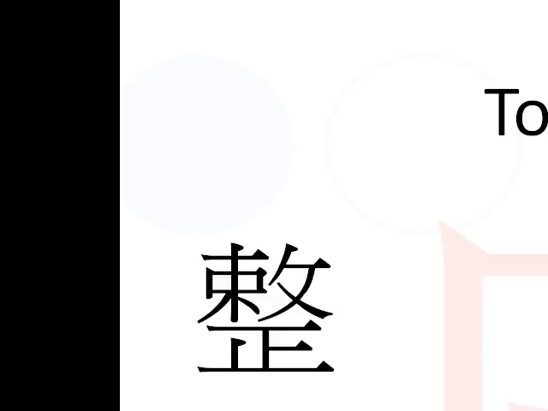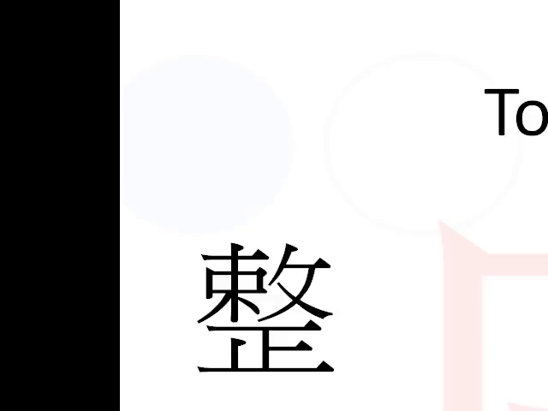Now, in my opinion, this would be a weird one if you're trying to make a direct translation from Cantonese to English, and this is the verb to make or to repair.